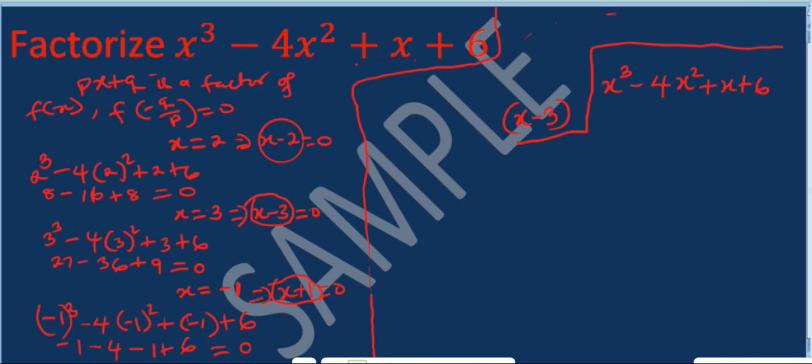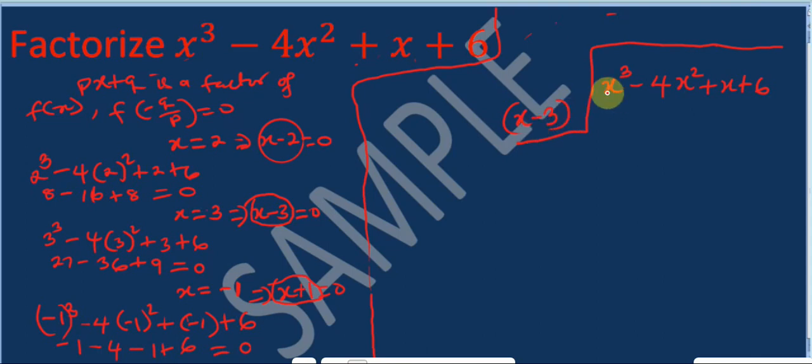Okay, now this is how to do this division. This is the highest power of the variable, 3, and I'm going to use this x in the divisor to divide the term with the highest power of the variable, which is the first one.